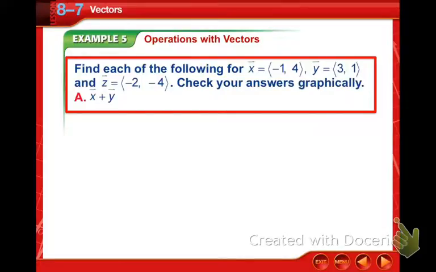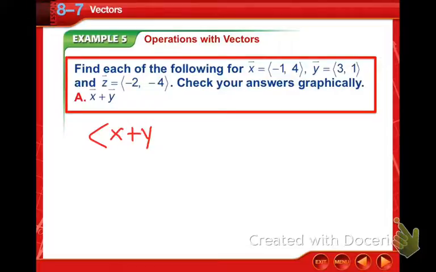So we got a few examples here of using our vector operations. Here we are adding the two together. If you have your x and you have y and z for when we use it in a minute, you're going to do 3 problems with all these same vectors. So we're going to add x plus y. So that means we're going to go x plus y.